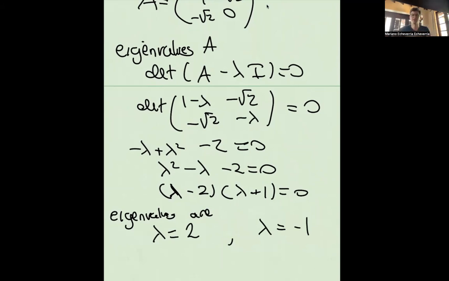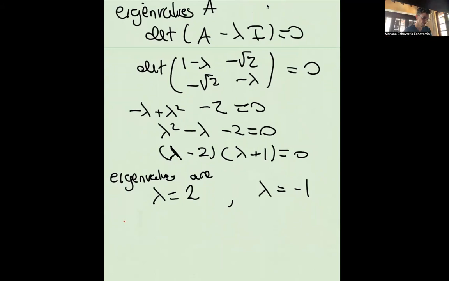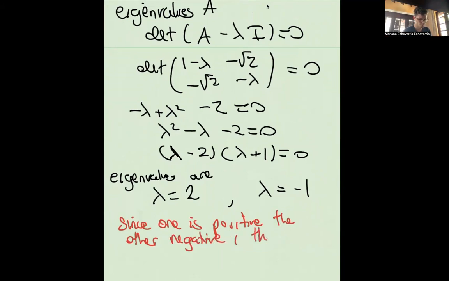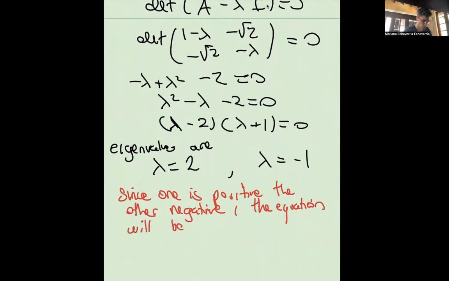Since they are of opposite signs, one positive and the other negative, this equation will be a hyperbola. And then the only thing that's left to do is to find the eigenvectors for each of them.